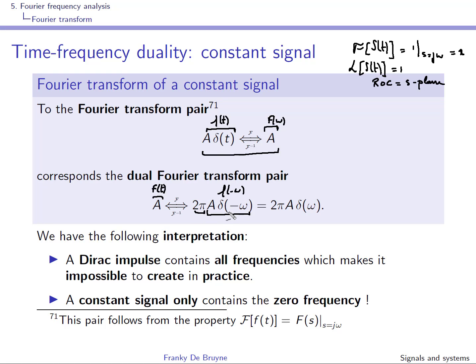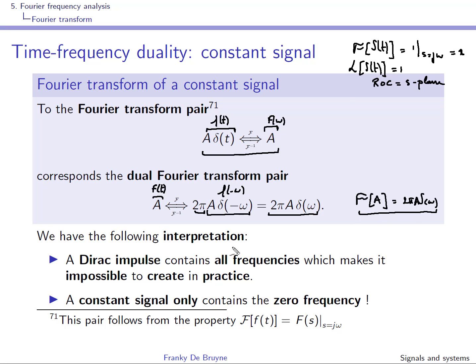But the delta is an even function, so you can replace this by this relation over here. So the Fourier transform of a constant is 2 pi delta of omega, and here we need the amplitude, of course.